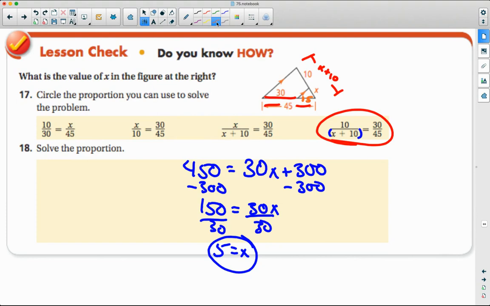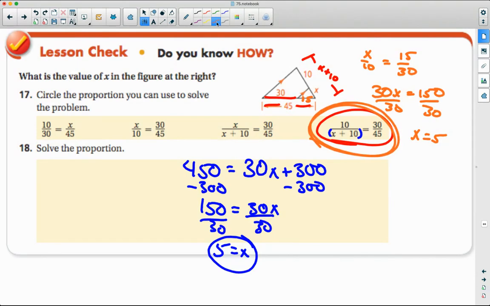So I could do x over 10 equals 15 over 30. And that gives me the same thing in the end. 30x is equal to 150. Divide by 30, x equals 5. This one that we did first, it just uses what we're given rather than trying to find something first to use.